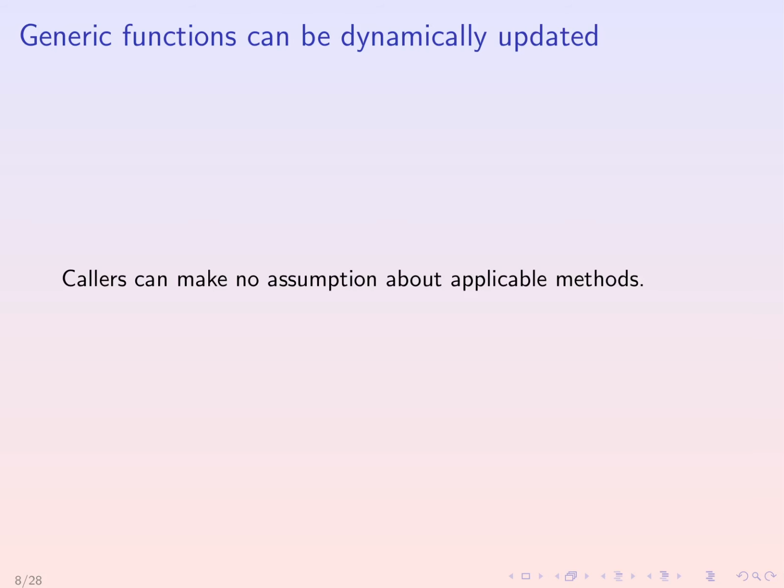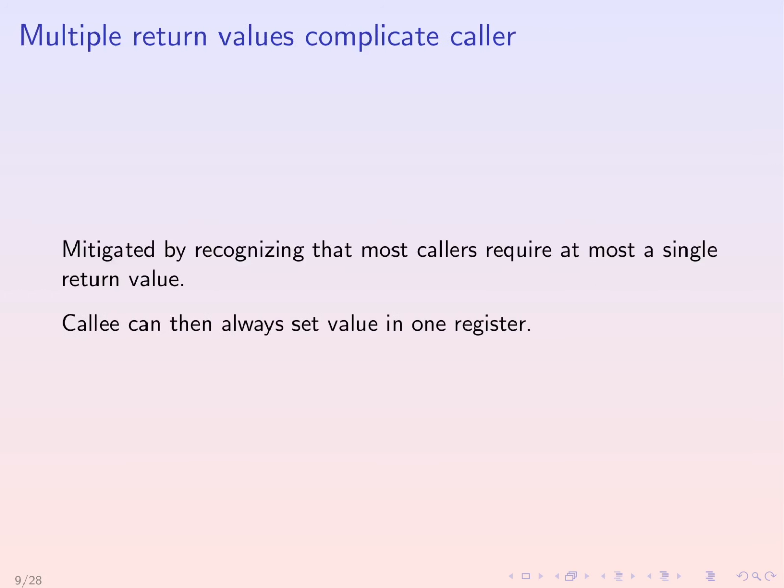For generic functions, since they can be dynamically updated, the caller of a generic function can make basically no assumptions about what methods of that generic function are applicable. Multiple return values complicate the caller because, in general, the caller must check that the callee returned at least as many values as the caller wants, and it must pad with nil if there are not enough values supplied by the callee.